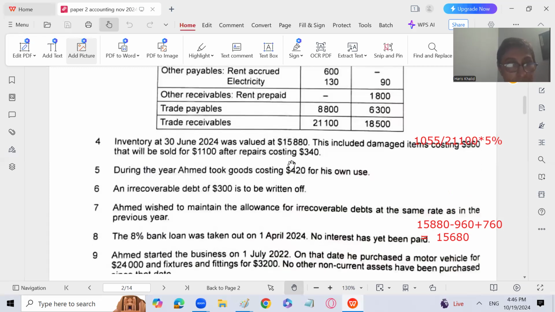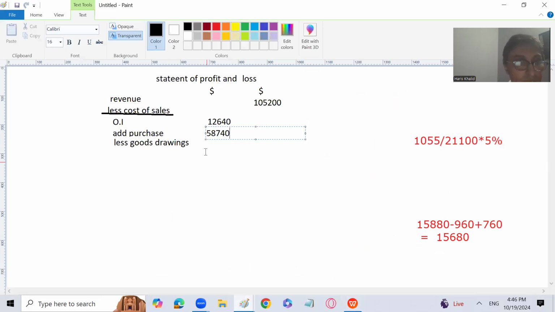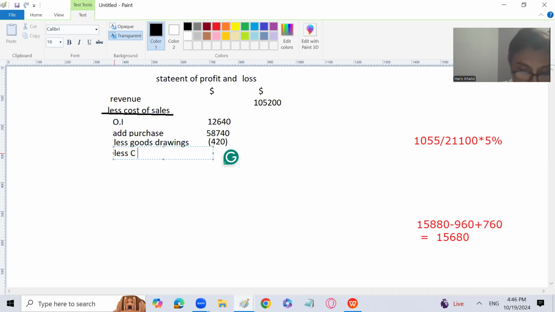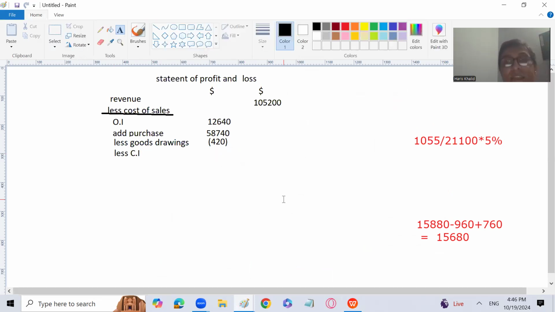Now let's see the amount of goods drawing. Goods drawing are 420 for his own use. So I will subtract 420 from here with a negative sign, and then I am going to subtract the closing inventory to find the gross profit. We have already done closing inventory correctly. How come? Inventory is valued at cost or NRV, whichever is less.